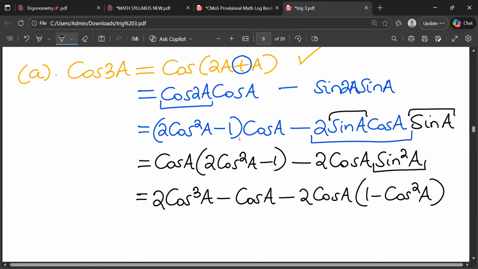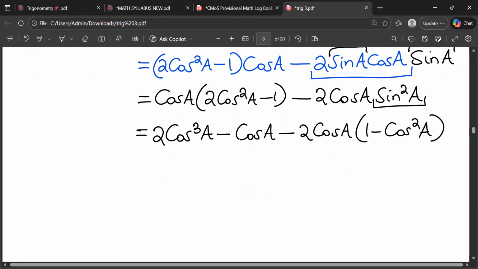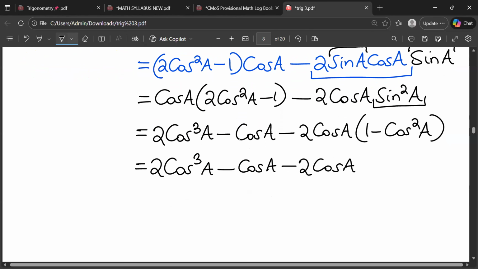Do you see that? Why are we doing this? Where we are going, we don't have any sine. So we should find ways of ignoring the sine and eliminating the sine we have in any way possible. So we proceed. What do we have here? We're having 2 cos cubed A. This one is also minus cos A. Then this one is minus 2 cos A. And then you said trigonometry is hard.